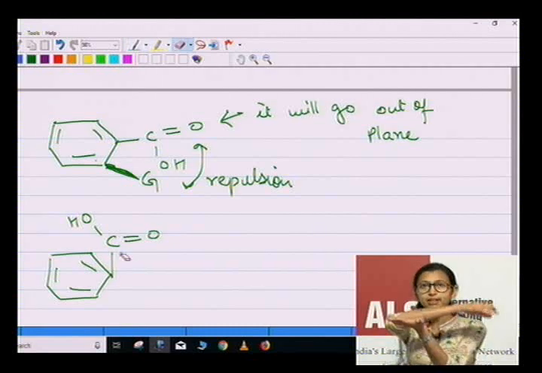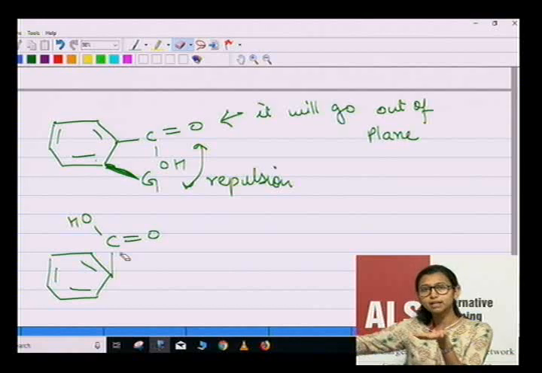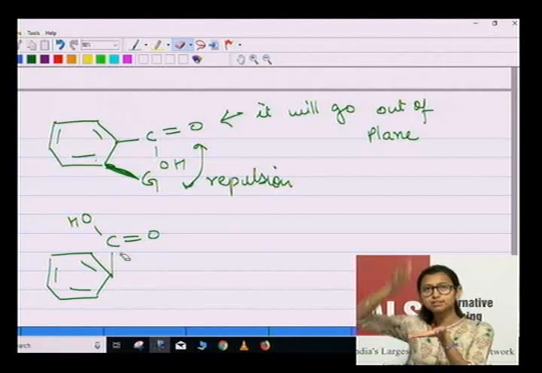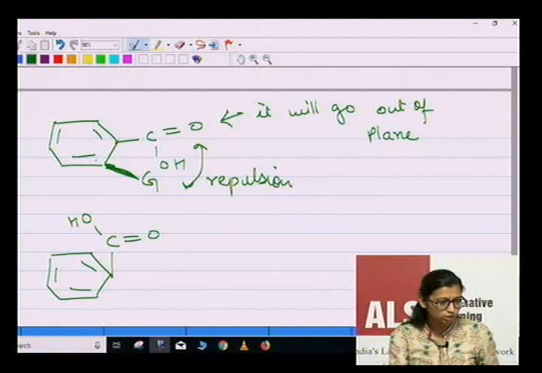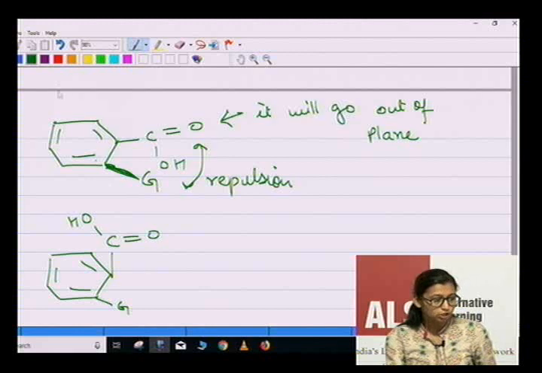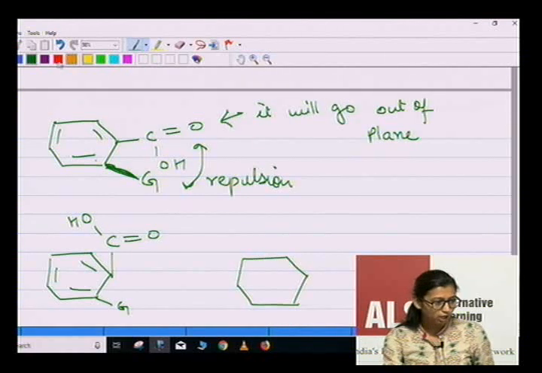The ring was like this, and earlier the carboxylic group was also in the same plane. This time this is the ring, and in this direction I got the carboxylic group, okay? And this G group is the same, present over here. So what will happen to the orbitals? This time the orbitals will go out of plane.